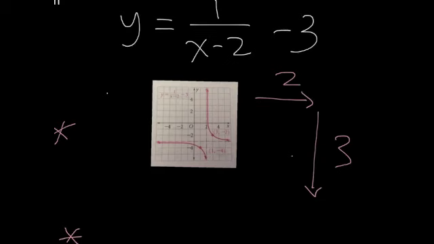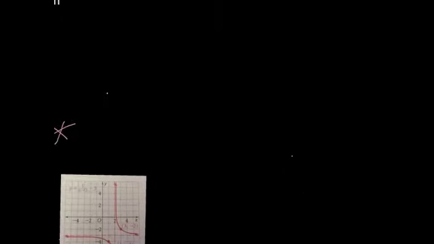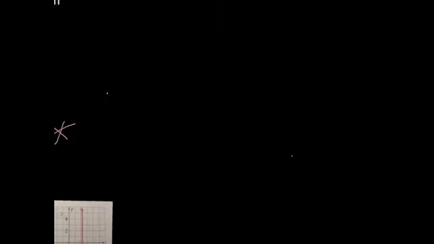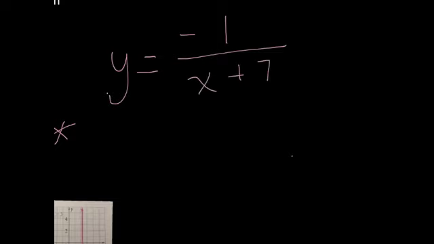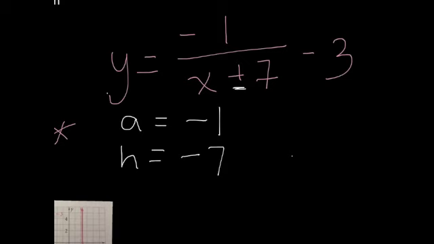Now I'm going to leave all of you with an example that you can try on your own. And this example is y equals negative 1 over x plus 7 minus 3. And just for a couple hints, remember that a in this case is negative 1, h is now negative 7, and k is negative 3.